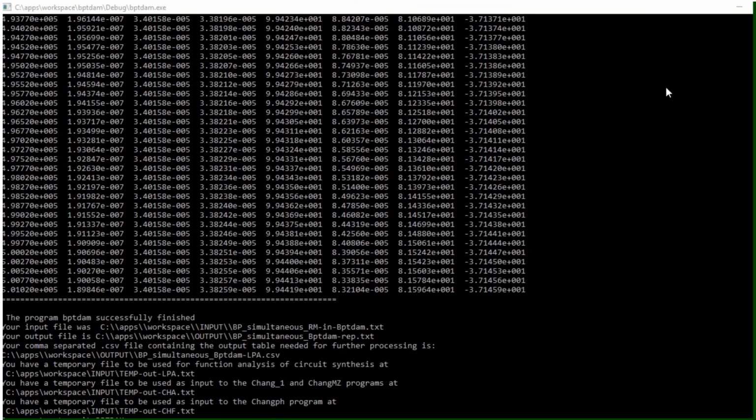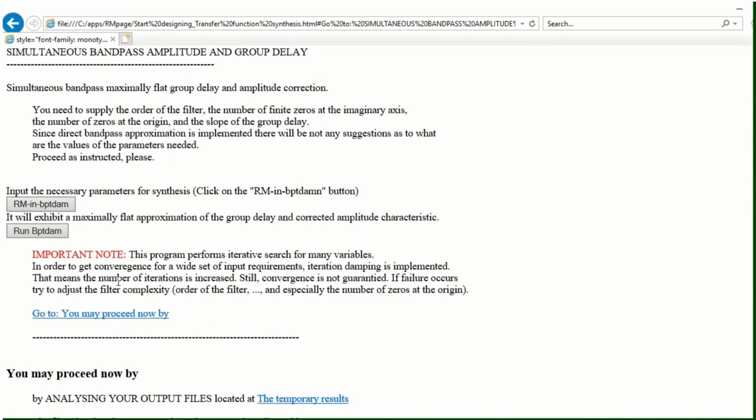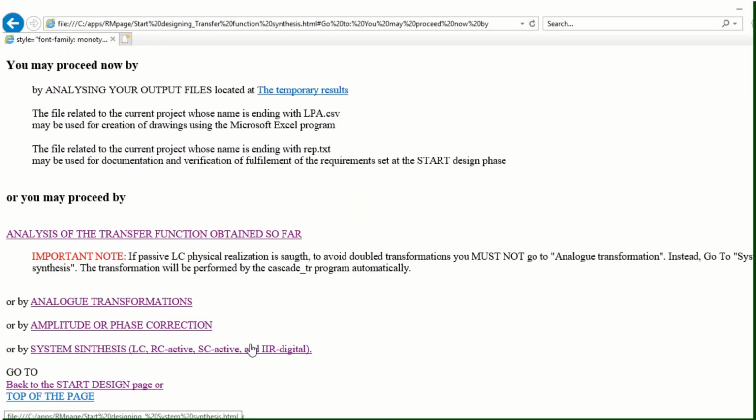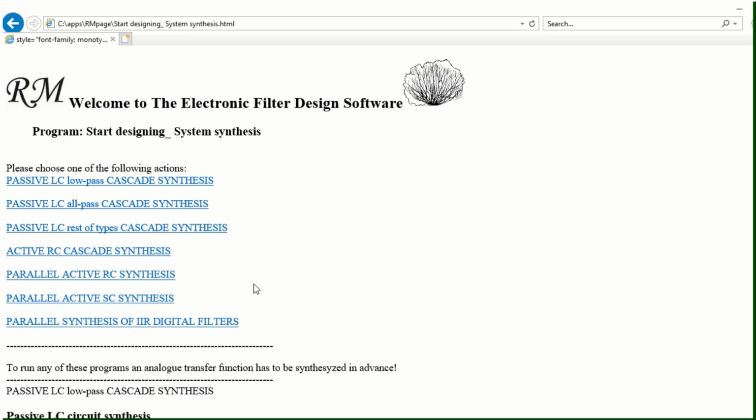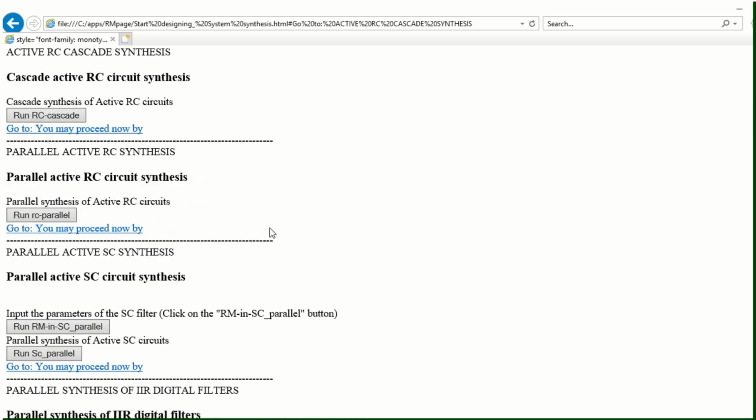So the approximation procedure finished, we may proceed now to the system synthesis. And we will go first for the RC cascade.